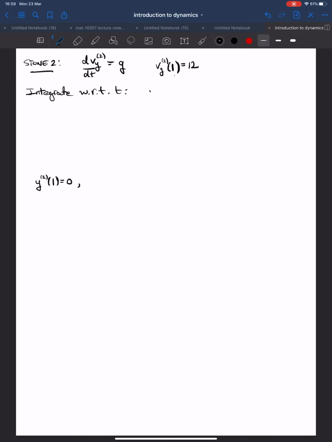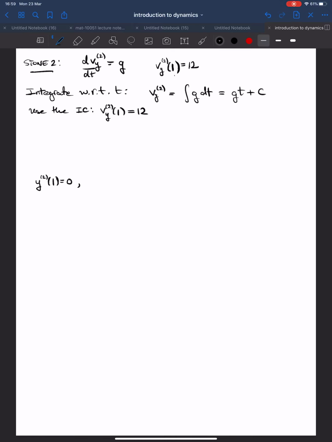What do you get? Well, you get Vy of 2 equals the integral of g with respect to t, which is equal to gt, of course, plus some constant. Now, what about this constant? Well, now I'll use the IC, the initial condition on the velocity, which is taken from t equals 1.